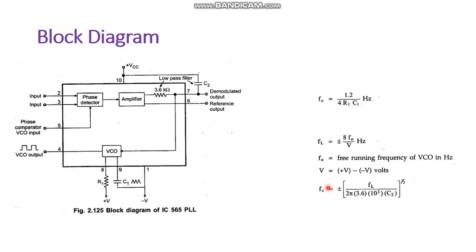The capture range is given by plus minus square root of FL by 2 pi RC, where R is the internal resistor of 3.6 kilo ohm and C2 is a capacitor connected externally. So the capture range is decided by this formula, plus minus square root of FL by 2 pi times 3.6 kilo ohm times C2.